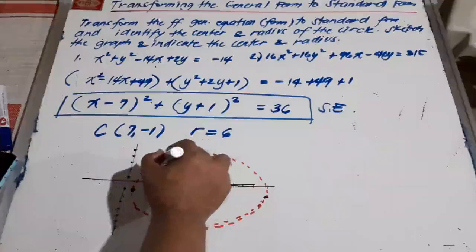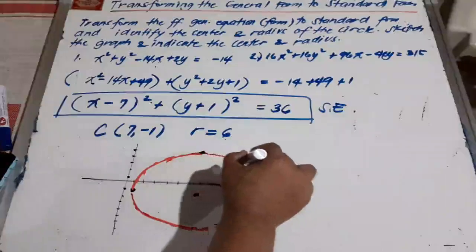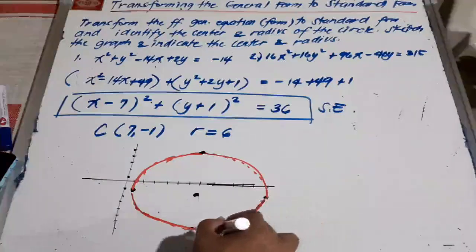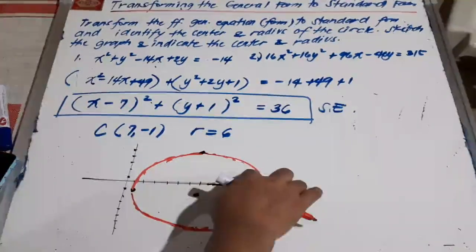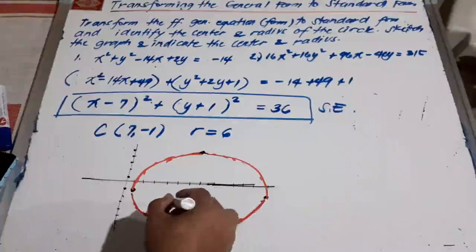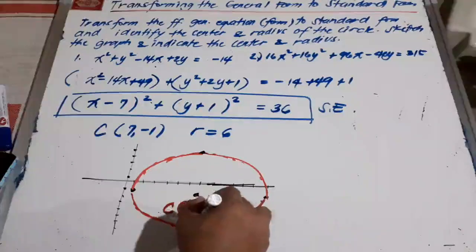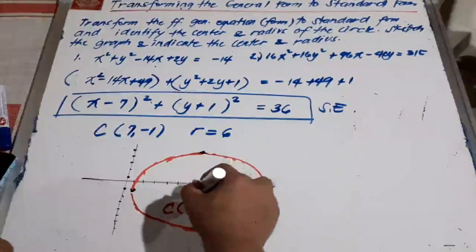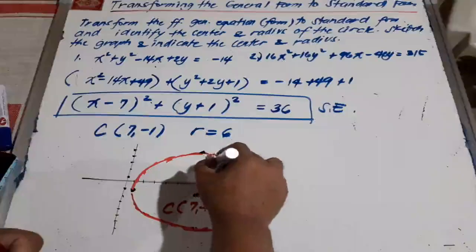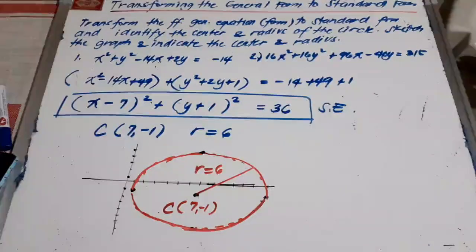Okay, pag ganito. So, this is the center of the circle. Nandun siya sa 7, negative 1, nasa 4th quadrant. At ang length ng ating radius is 6 units. So, that is our answer for number 1.